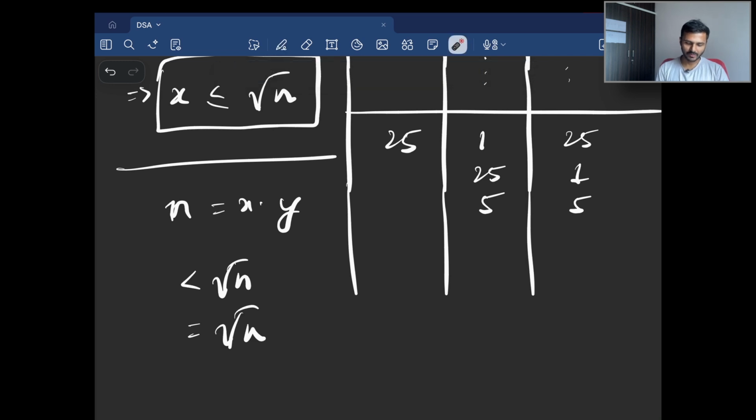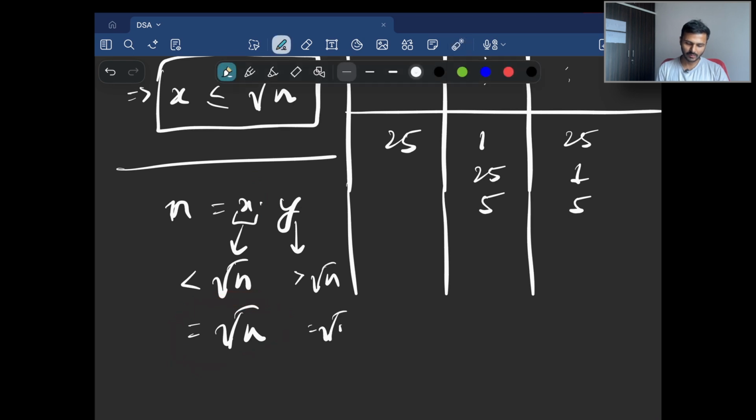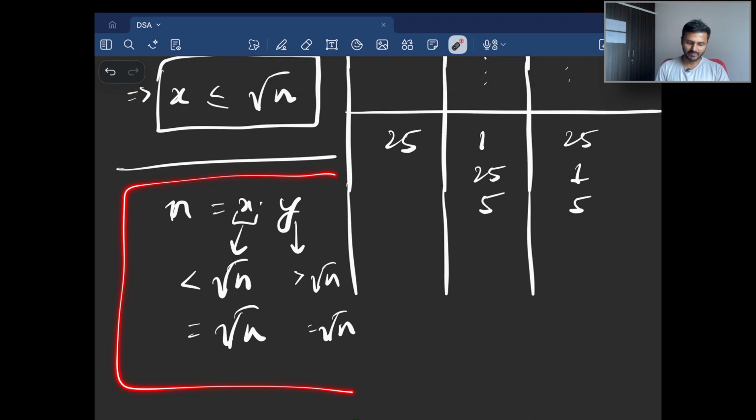And of course, if one of the factors, let's say x is less than root n, the other factor, which is y, will be greater than root n, right? Similarly, if one of its factors, let's say x is equal to root n, the other factor will also be equal to root n.